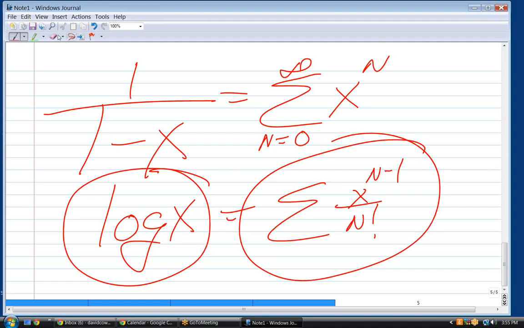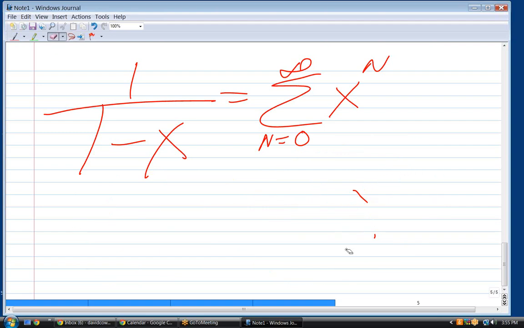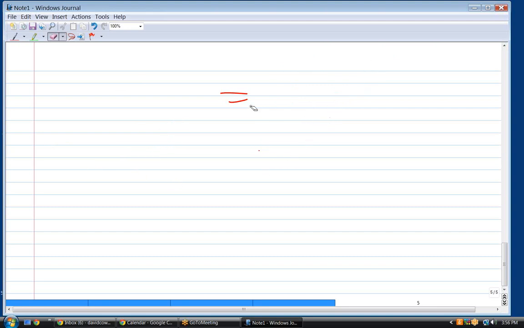That's the value of infinite series, because a lot of times you have no way of doing things with functions. It's difficult sometimes to take the integral of a function when you get to calculus, but you can take the integral of a series real easy. So if I can represent a function by a series, then it allows me to do calculus stuff on it that I wouldn't normally be able to do.